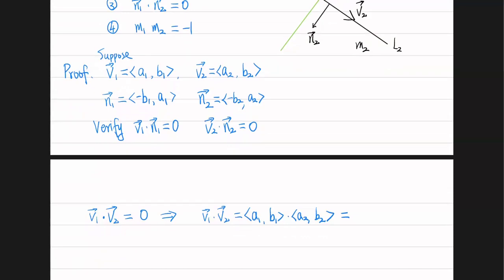Wait, what did you say? How do we do dot product? It's the sum of the product. Yeah. So it's 0. So this will be 0.